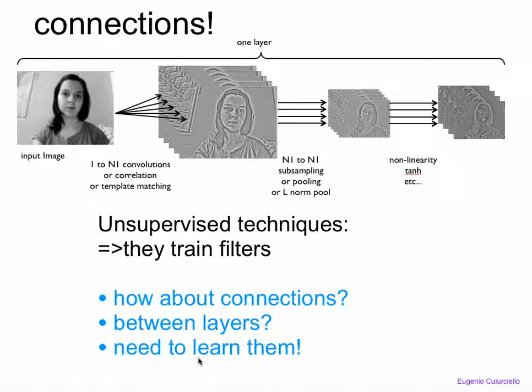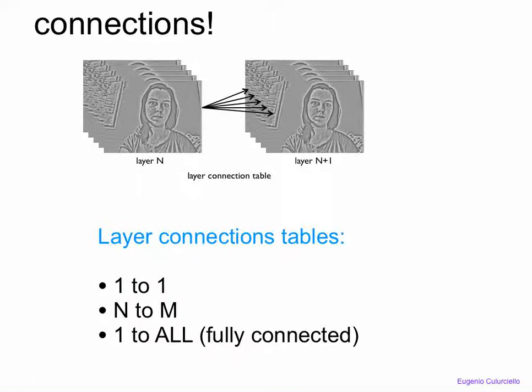So in theory, you would need to learn them from data as well. You want to learn this connection from the data. The data has to tell you how to do it. So I will talk a little bit in this second portion of the lecture about connection. It's something that has become apparent to me that it's quite important in deep network as well, especially when they're trained unsupervised.